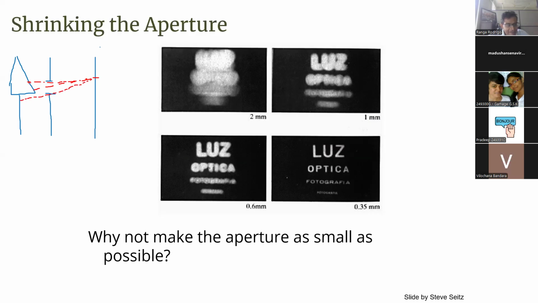Can you see that? From here, from there, and from all in between points, light can come. As a result, this point will get light from different parts. And due to this, there is blur. I hope that is very clear to you. So there is no one-to-one matching between the scene and the image on the film.